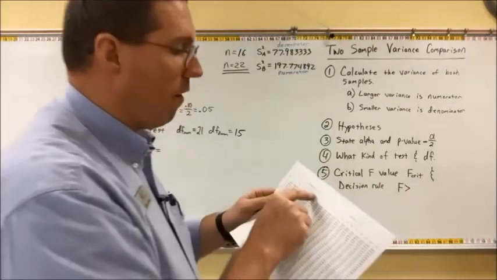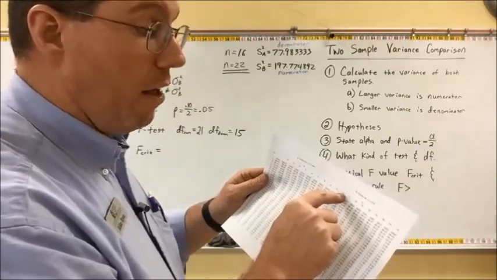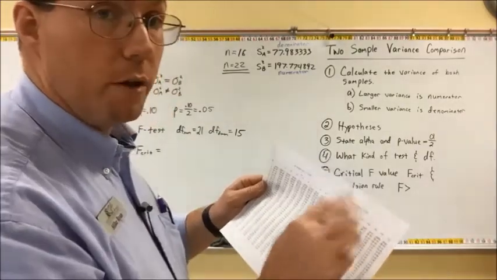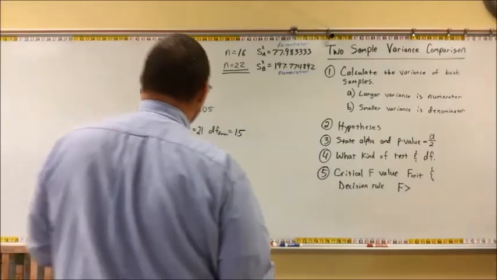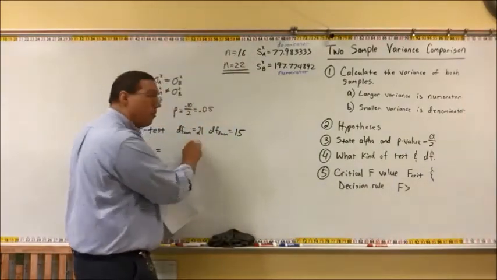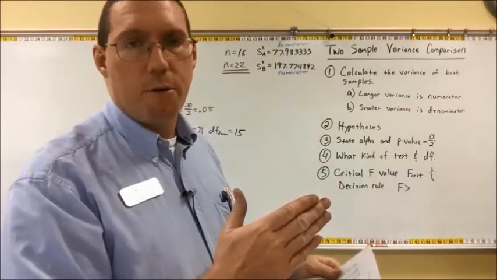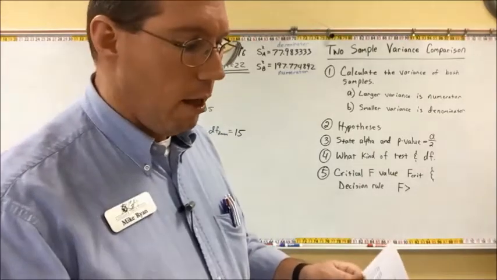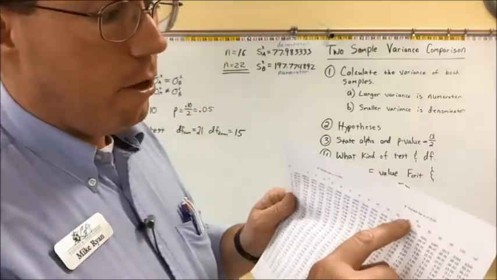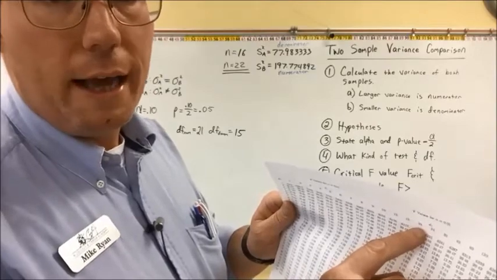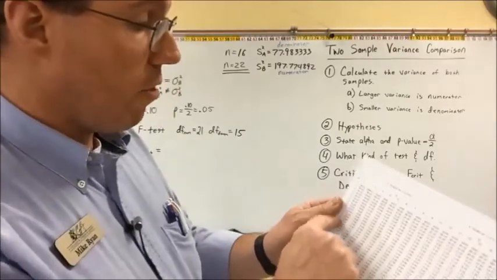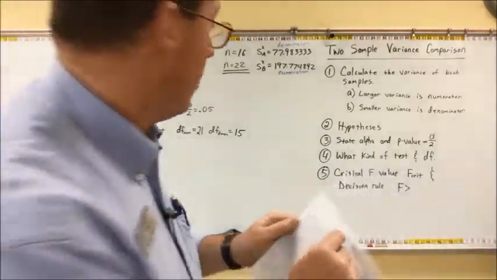It goes 1, 2, 3, 4, 5, 6, 7, 8, 9, 10, 12, 15, 20, 24, 30, right? So your rule is this: if your degrees of freedom are not there, you should pick the next degrees of freedom down. So we don't have 21, so we're going to select 20 as our degrees of freedom, and then along the side we're going to go to 15.